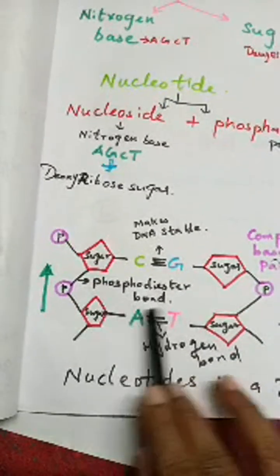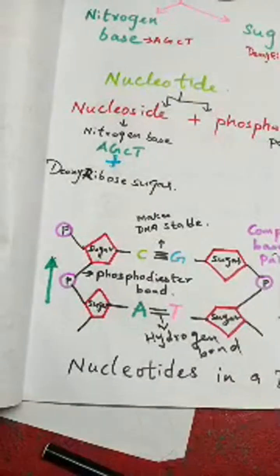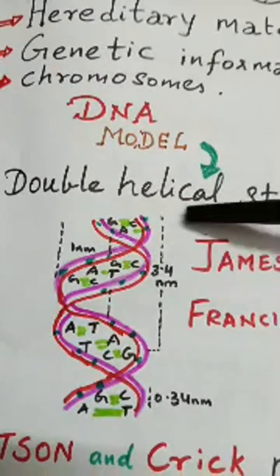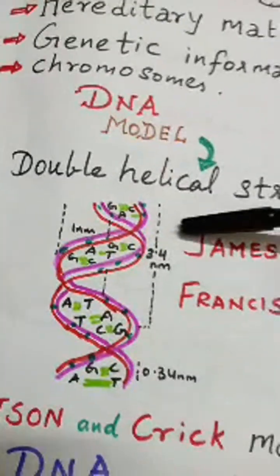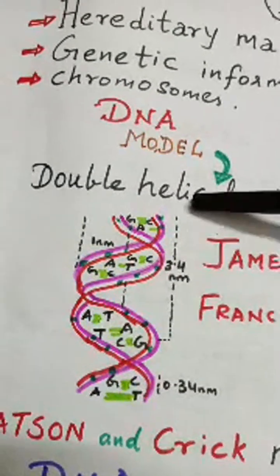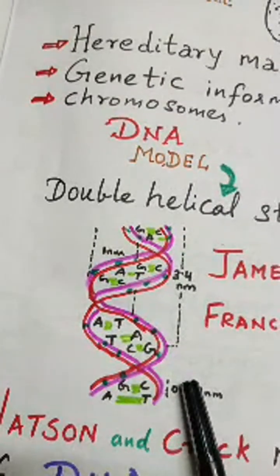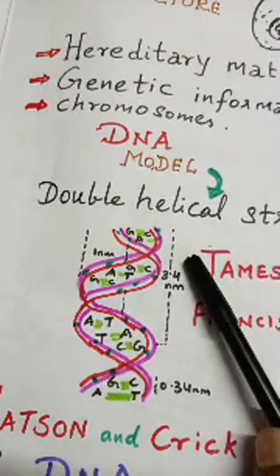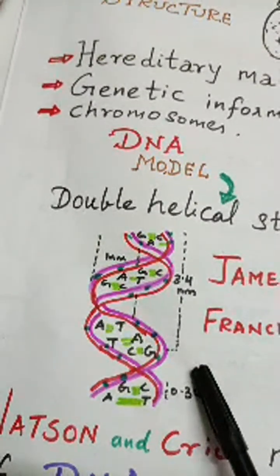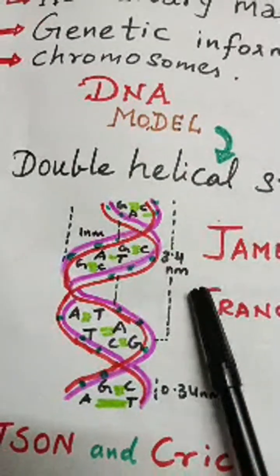And not only this, they have proposed one more point. What is that one more point? There will be the double helix. Each turn, this is one turn, and this is another turn. So the distance of each turn is 3.4 nm. What is that?